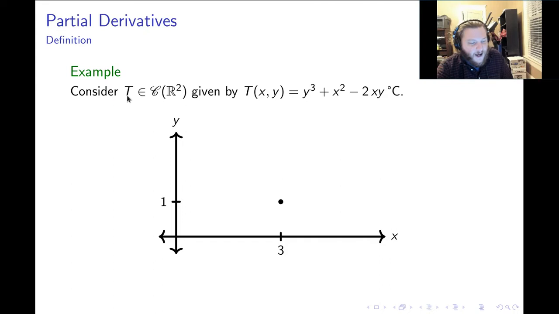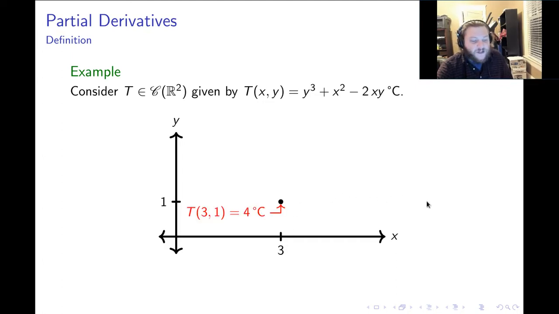So here I'm studying a scalar field, capital T, and the formula for capital T, so this is a scalar field on R2. Capital T takes two inputs, x and y, and the output here is giving me temperature, and it's y cubed plus x squared minus 2 times xy. So here I have a visualization of R2, that's the xy plane, and I have a sample point here with coordinates 3, 1.